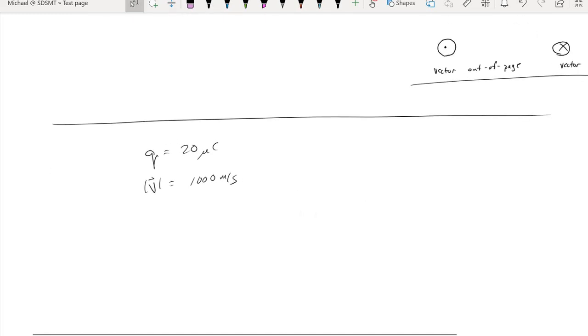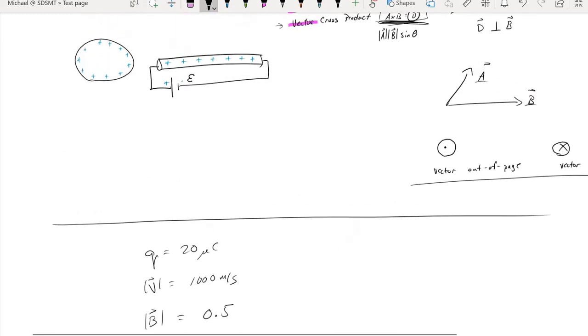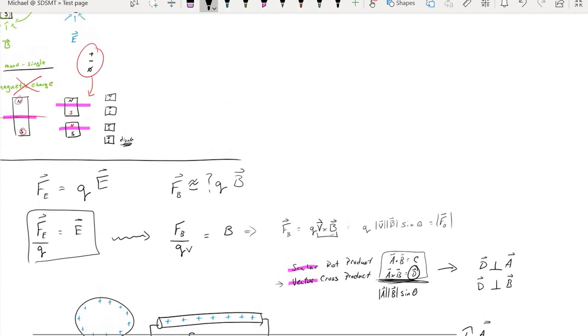So pretty fast, pretty small particle. And we'll place that into a magnetic field of magnitude 0.5, and now would be a good time to discuss the units of magnetic field.